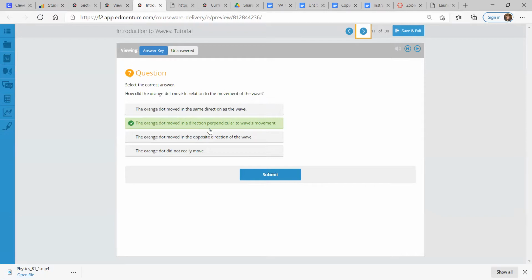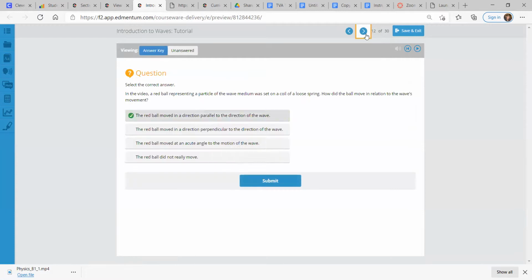And it's going to move perpendicular to the wave's movement. So a wave may move this way, but you see that particles are moving up and down. And that'll make more sense after you watch the video.